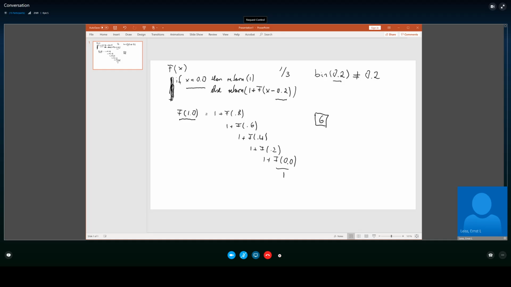We all know that floating point arithmetic is a little bit more complicated than fixed point arithmetic. And so if we don't hit that 0.0, how about if we just make it less than or equal to 0.0? Now, in that case, we're not going to get a stack overflow.